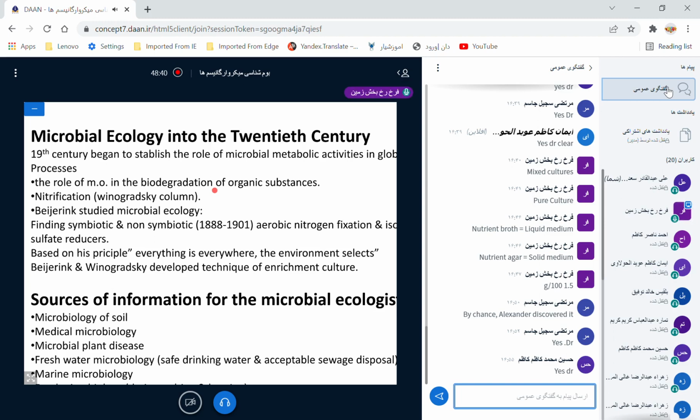If some microbes are good, we should know them and understand how we can use them. So microbial ecology helps us to know our friends and our enemies in the environment and try to use them.